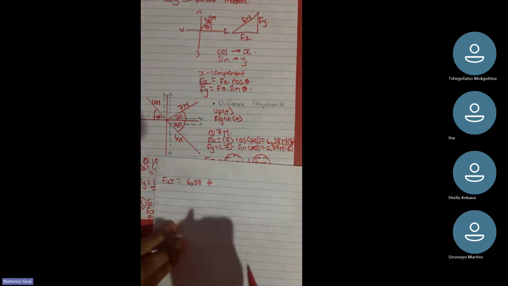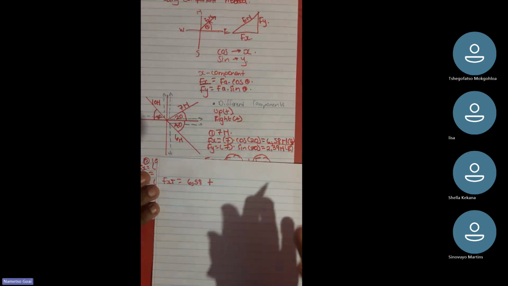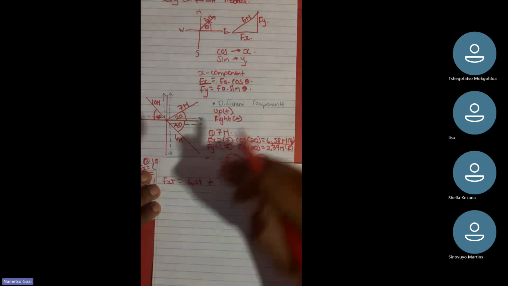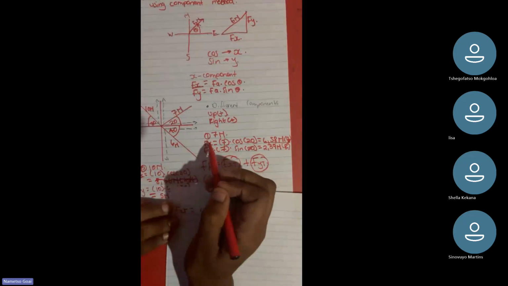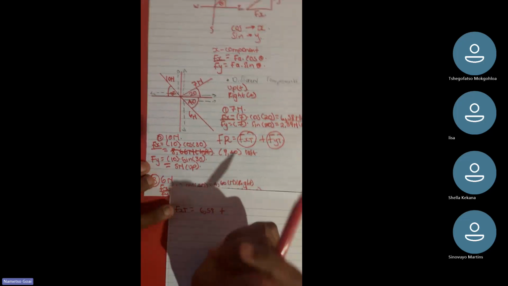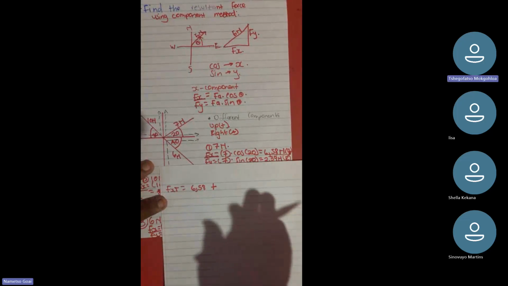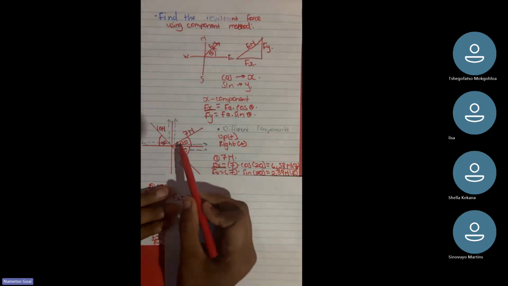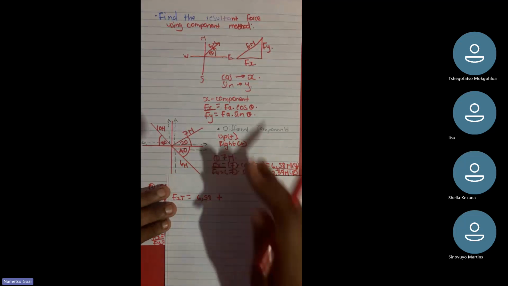Now we're trying to find the total forces along the x-axis. Basically, add all the Fx's of all different components so that we can have Fx total, right? Remember we chose right as our positive. This 6,58 for the 7 Newton force is going to the right, so it's positive.